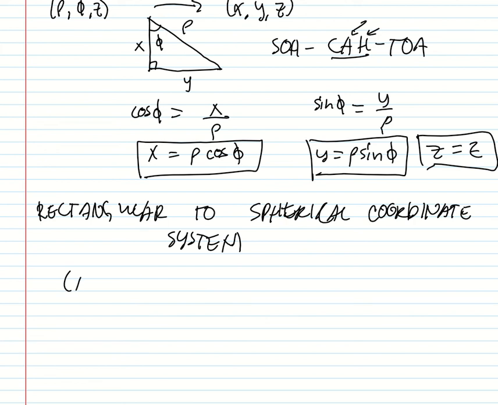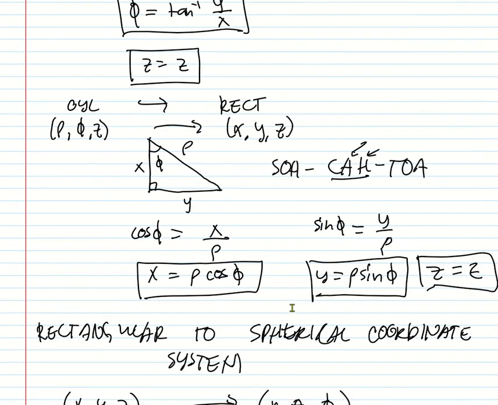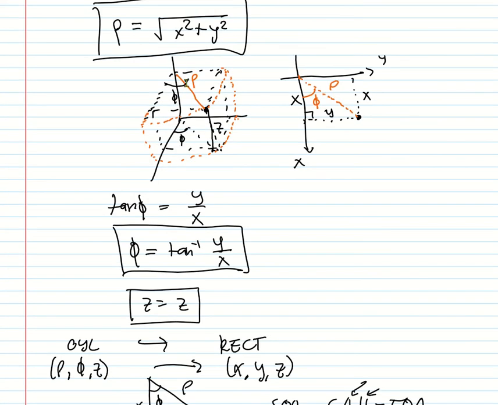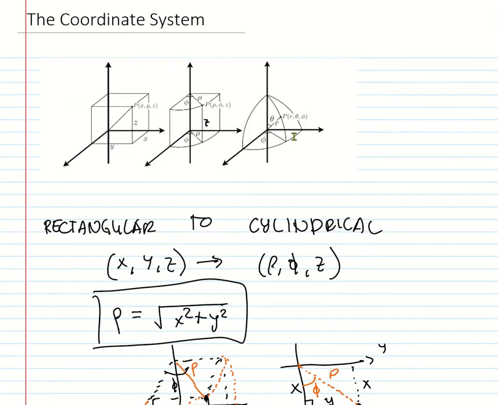We're given x, y, z, and we want to transform this into spherical coordinates, which is r, theta, and phi. Again, we need to relate the drawing, just like what we did in the rectangular and cylindrical. We need to combine these two and look at the relationship between those lengths, sides and angles.